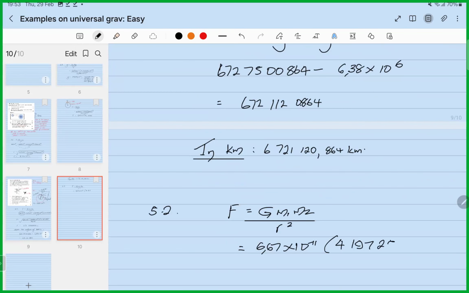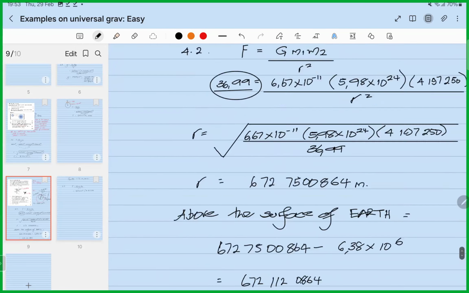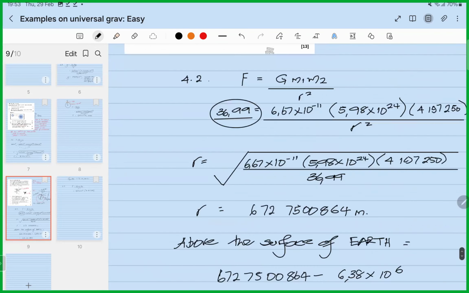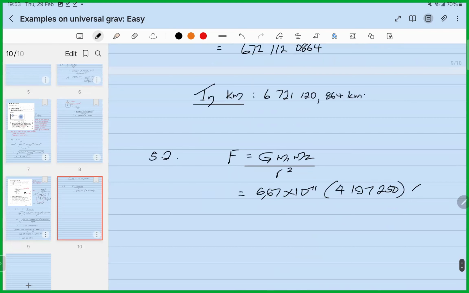And what was the space capsule mass? Okay, 2,900. And they are 200 meters apart, so 200 squared. Answer please for the force. 20.3 times 10 to the negative 6.